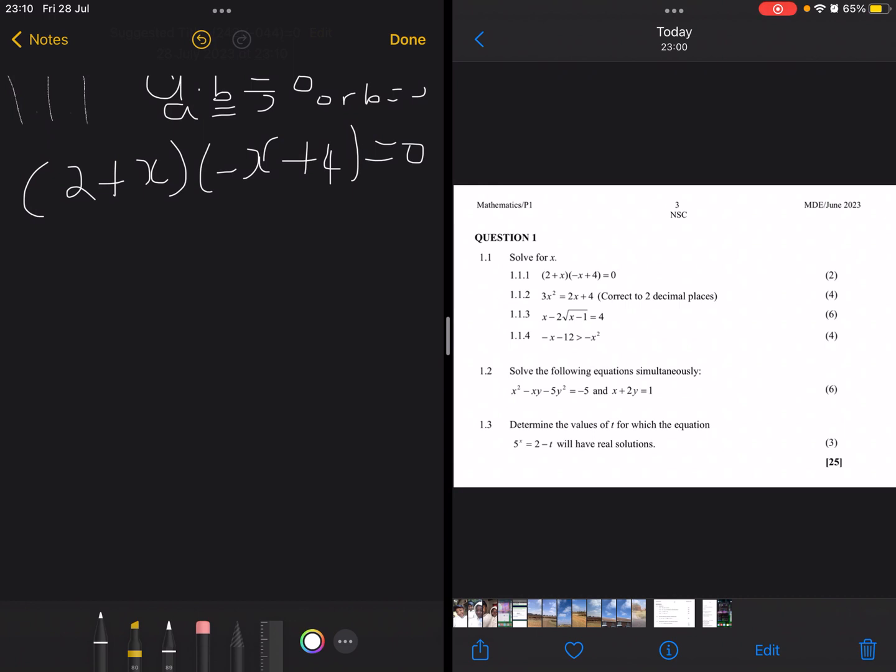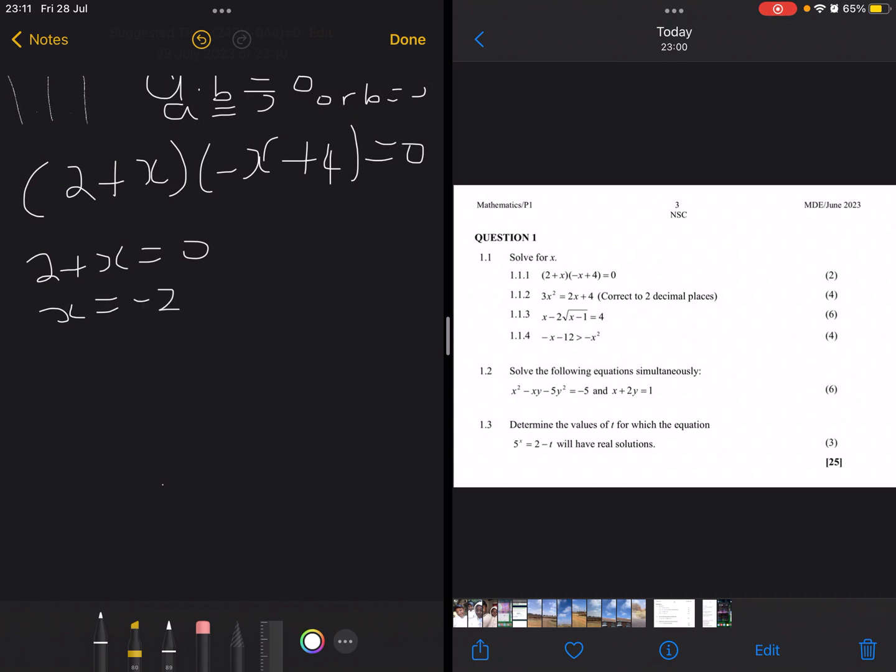So if a question already has the two factorized brackets, and on the right hand side of the equal sign you have a 0, you just simply have to select one of the two factors, following the zero law. In this case, you equate 2 plus x equals to 0, and then you get x to be equal to negative 2.